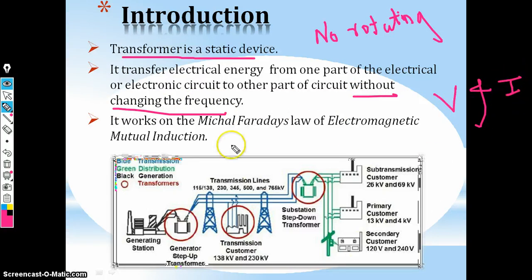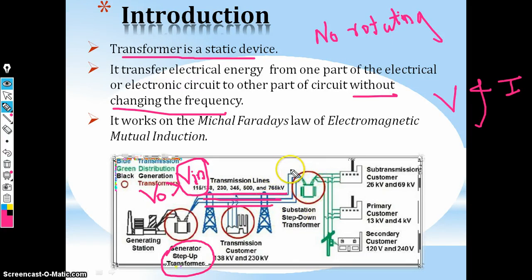Now this is the substation, in which we have to use a transformer. This is the step up transformer. That means the output voltage is greater than the input voltage, and this voltage is given to the transmission line, that is the three phase transmission line.